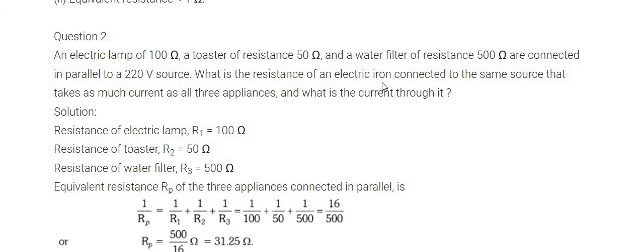What is the resistance of an electric iron connected to the same source that takes as much current as all three appliances, and what is the current through it?